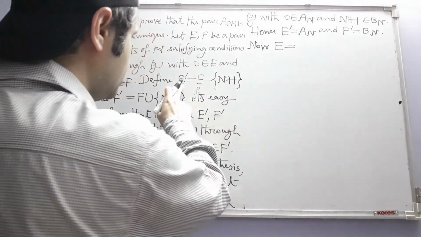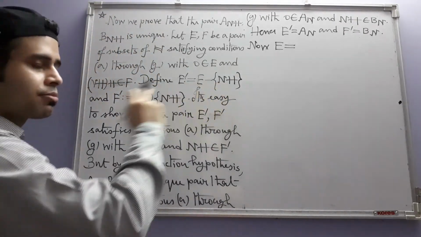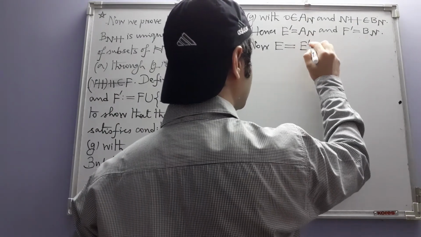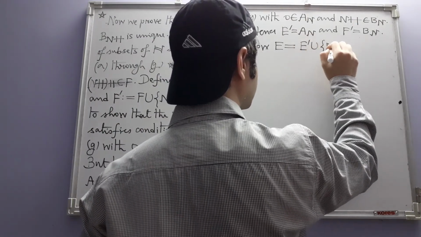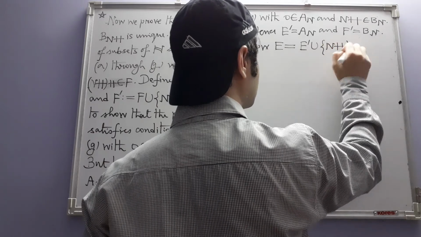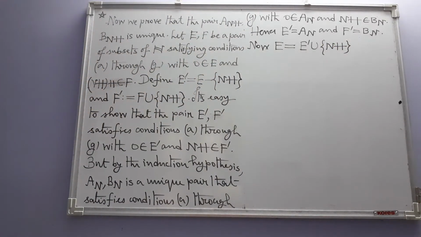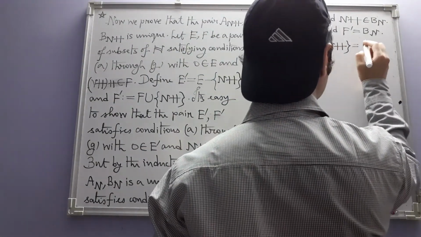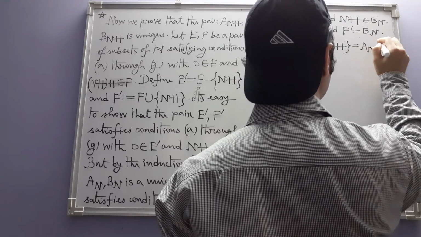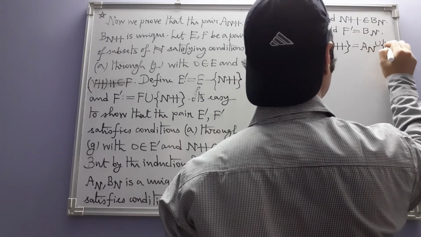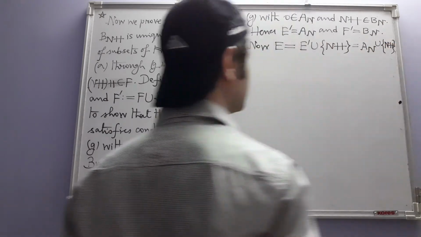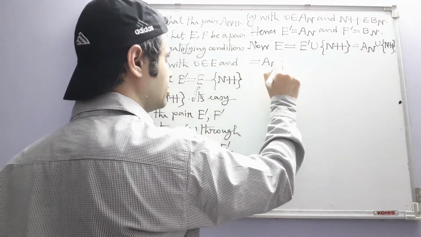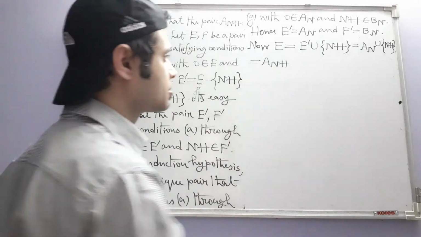Since we have obtained E prime by removing n plus plus from E, E will be equal to E prime union n plus plus, and E prime is equal to An, and if you go back to the definition of An plus plus, you can see that this is nothing but An plus plus.